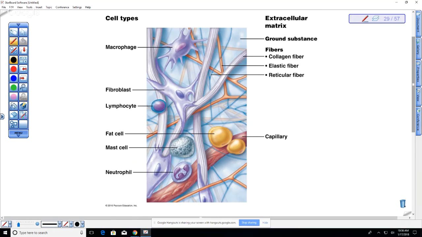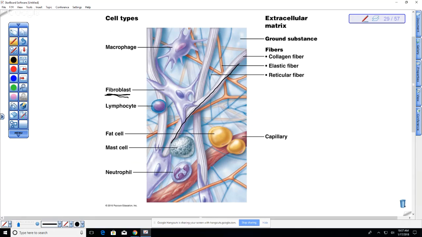So here we have some different cells, and we'll talk about different examples of this. This is a fibroblast. So the fibroblast is what is creating the matrix. And so hence you see it laying down this type of fiber, which is called a collagen fiber. Collagen fibers are white.